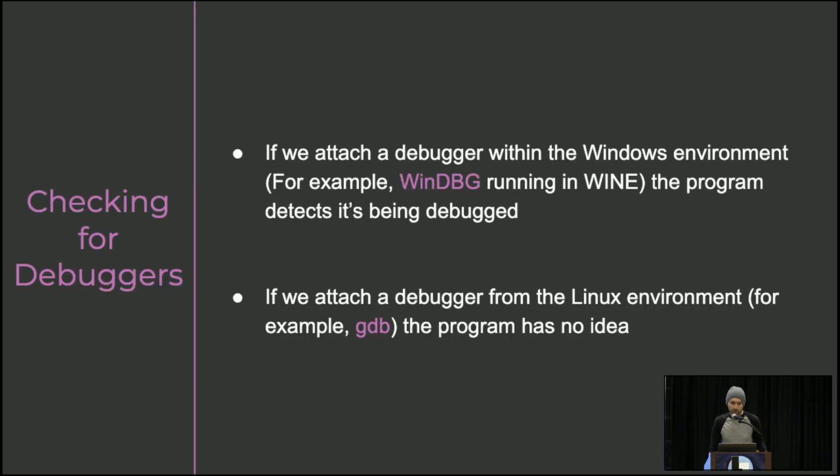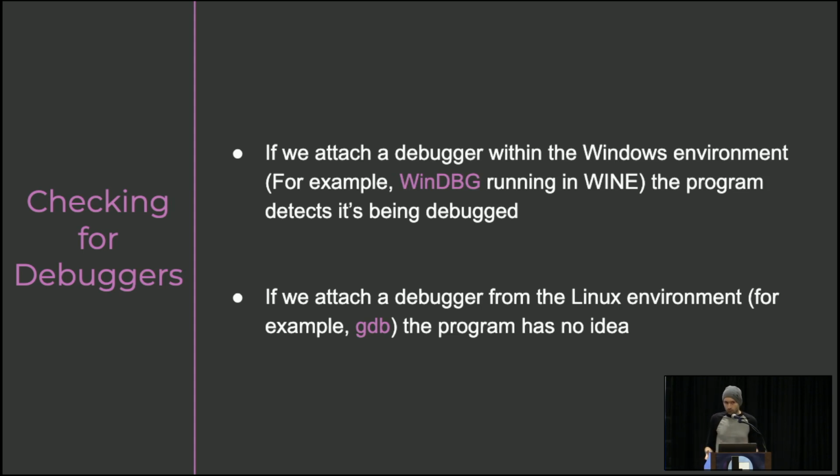If you do this on Windows, it works exactly how you would expect. But when you do it in Wine, you see something kind of interesting. If you run your application in Wine, and then you run a debugger also in Wine, let's say WinDbg, and you attach that to the program, it accurately says, yeah, I'm being debugged, something's wrong.